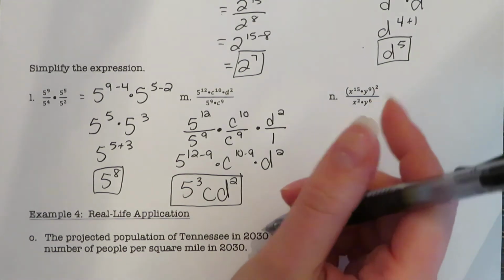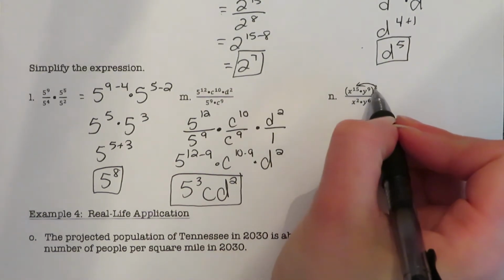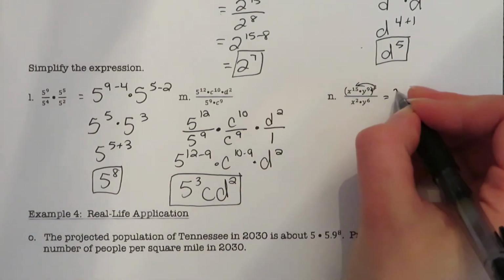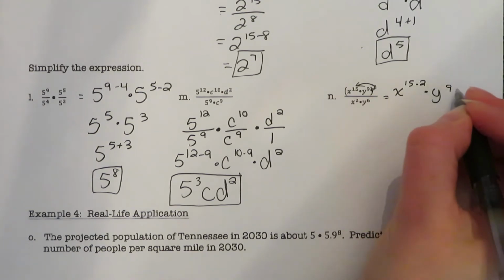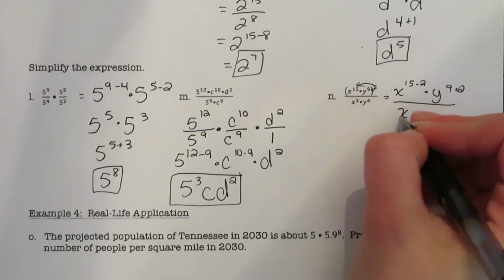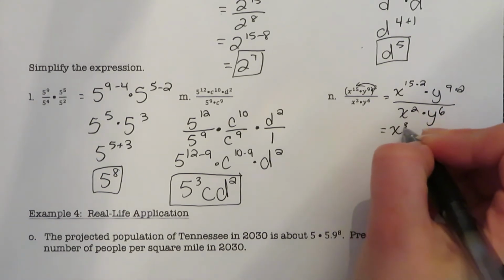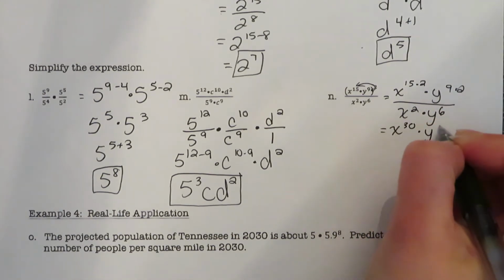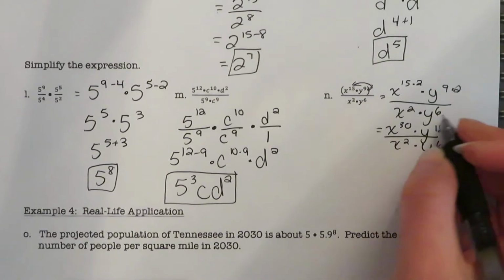All right, letter N. Well, first I got to distribute this 2 to both terms. So this is x to the 15th times 2 times y to the 9th times 2 divided by x squared times y to the 6th. So that's x to the 30th times y to the 18th divided by x squared times y to the 6th.